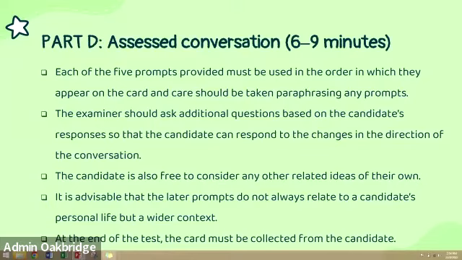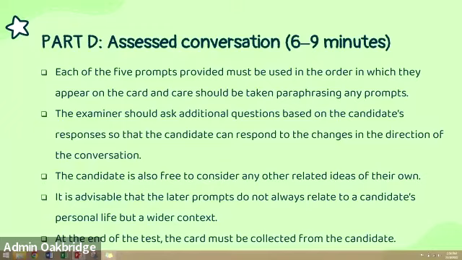Okay, and also in part D, the examiners are given the option to ask additional questions based on the candidate's response. Not just the 5 prompts, but they can ask you additional questions so that you can respond to changes in the direction of the conversation. Okay? But of course, they will not run out of topic.